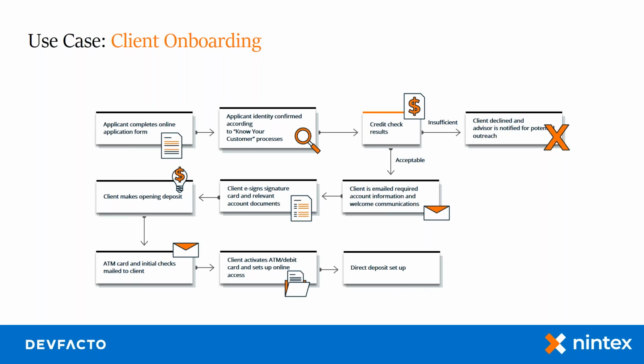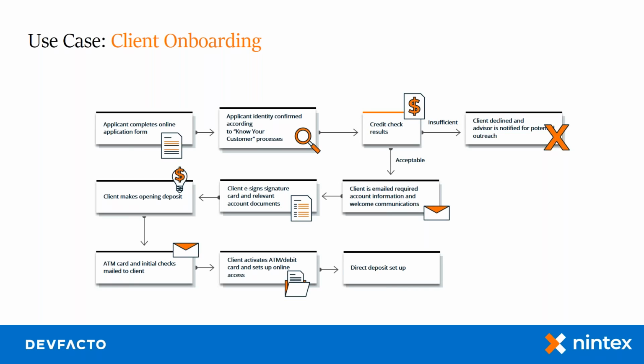There would be another process that would occur where a credit check is perhaps performed. If the credit check is successful, we'll move into that acceptable state. If it's not, we'll move into an advisory state to have a conversation with the client. To move back to that accepted state, a client is then emailed her account information and some welcome communication information.